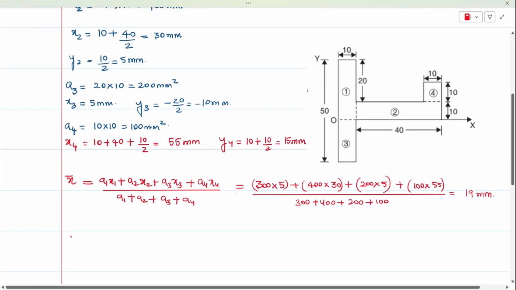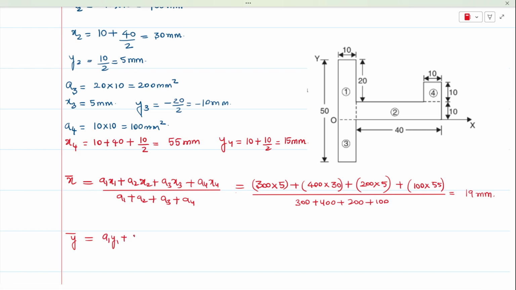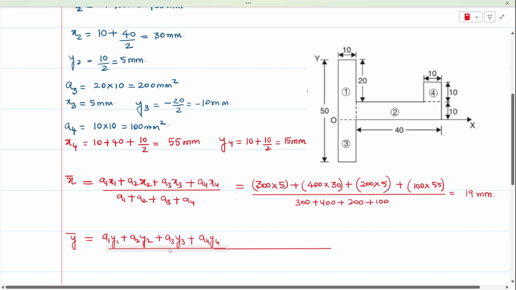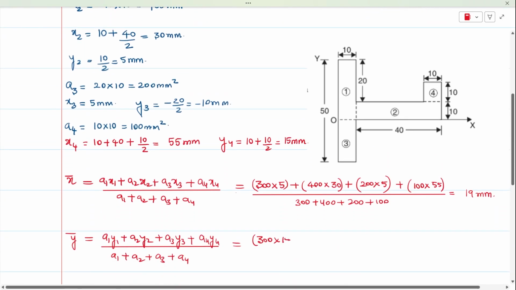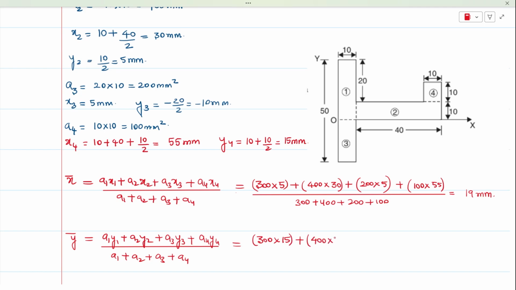Now let's calculate y bar as well, that is a1 y1 plus a2 y2 plus a3 y3 plus a4 y4, whole divided by a1 plus a2 plus a3 plus a4, and this is equal to 300 into y1, which is 15 mm, plus a2 is 400 and y2 is 5, a3 is 200 and y3 is minus 10 mm.